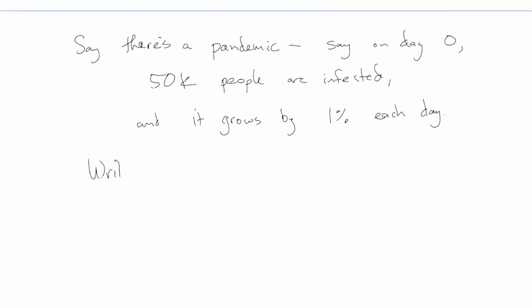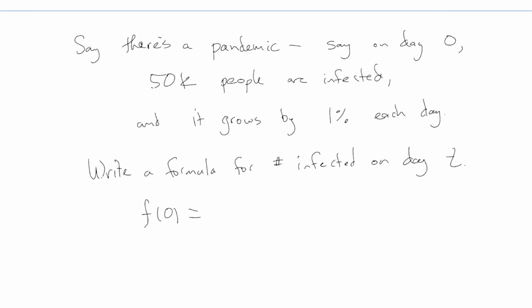So let's write a formula for the number infected on day t, right? F of t equals something or other, the number of people infected on day t. I don't know what this is going to look like yet. I will just try and do some simple examples.